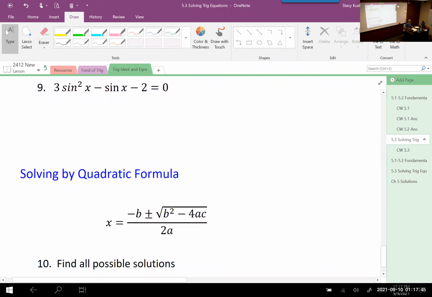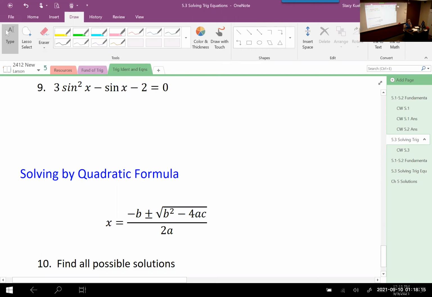3 sine squared x minus sine x minus 2 equals 0. What is our first method of solving a quadratic equation? Factoring.